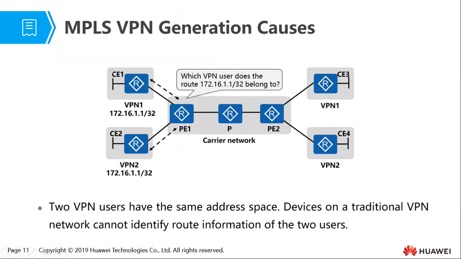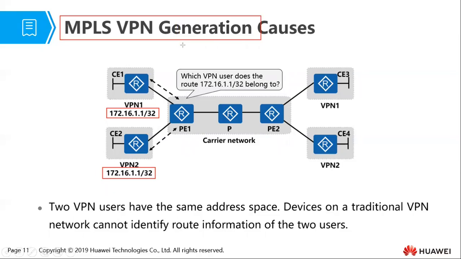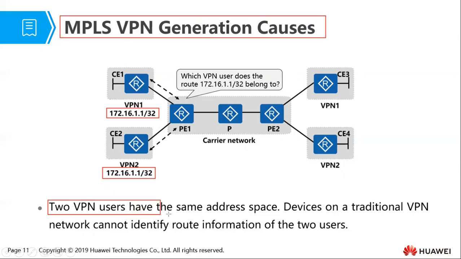You can see customer 1 here has VPN 1 and is using the address 172.16.1.1/32, and customer 2 is also using 172.16.1.1/32. That is one of the main advantages of MPLS VPN: two VPN users can have the same address space.